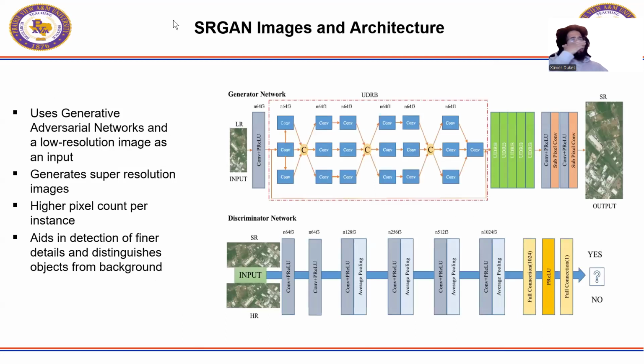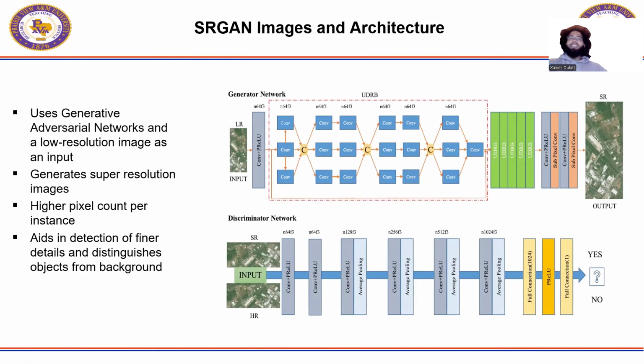So a little bit about the SRGAN images and architecture. You have some noise or low resolution input into a convolutional network, and then ultimately you put out a super resolution or high resolution output. And this ultimately gives you a higher pixel count per instance. You have more pixel representation for smaller classes.